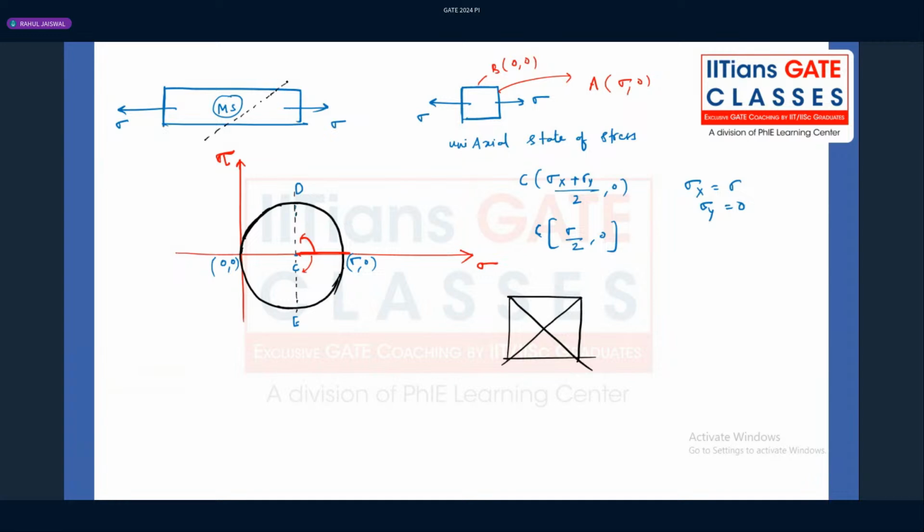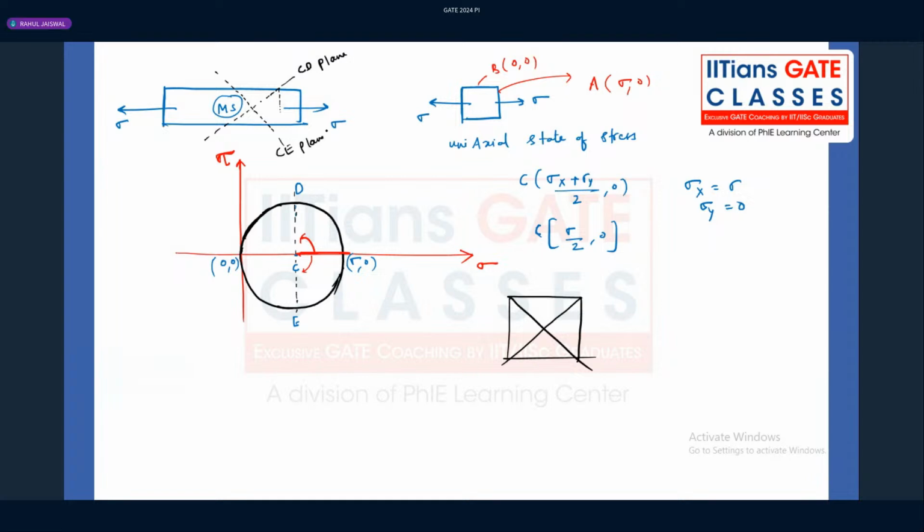So for example, this is a plane at an angle. This is the CE plane. And one plane is at an angle of 45 degree clockwise. This will be the CD plane. Let me rewrite again. This will be the CD plane, and this will be the CE plane.